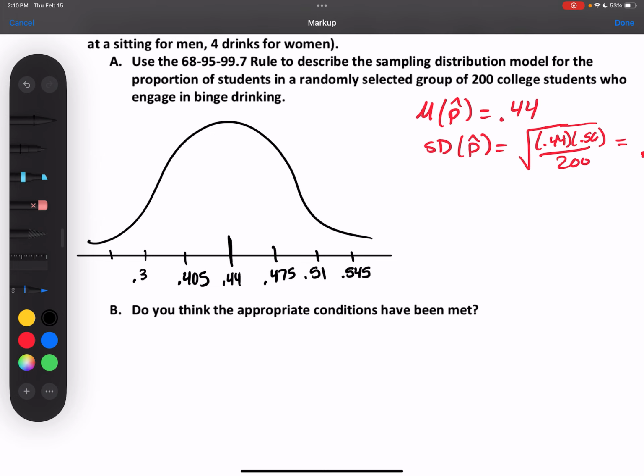0.37. 0.335. All right, so where's 68%? First standard deviation. 95%, 2 standard deviations.